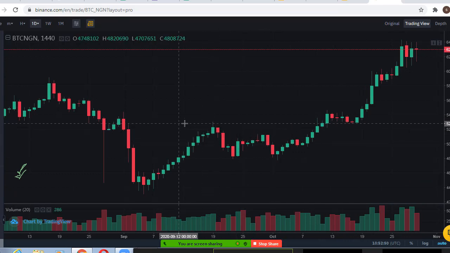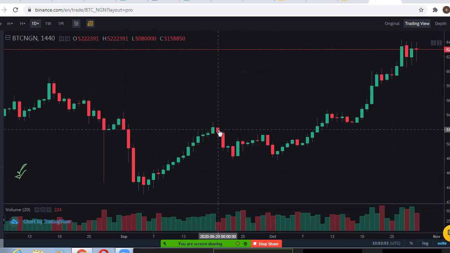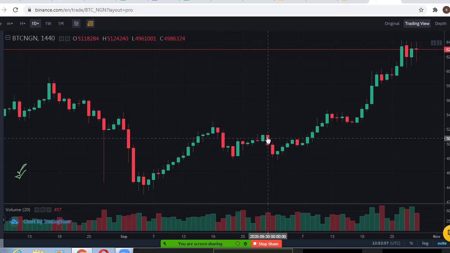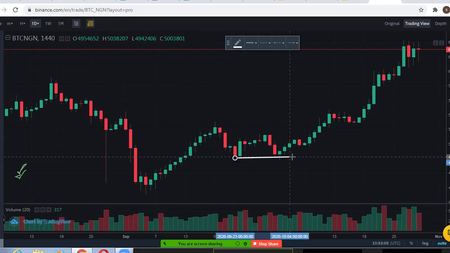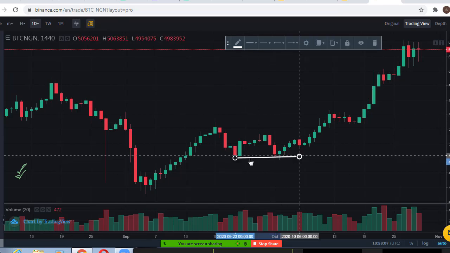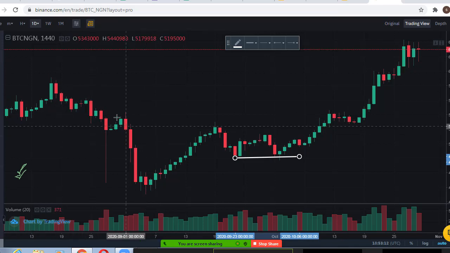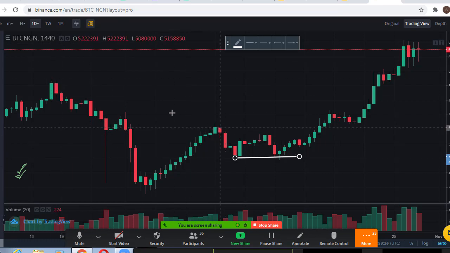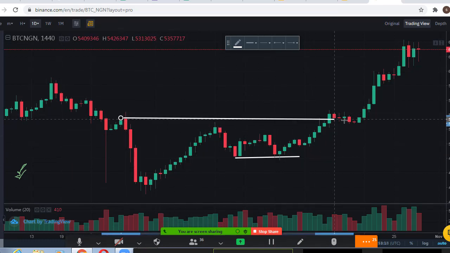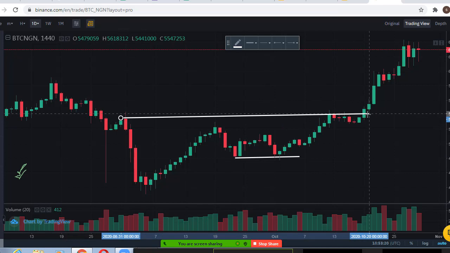Now, if you look at this level, price was resisted here. This is a support level. So I can bring my line, support level, this is a resistance level.